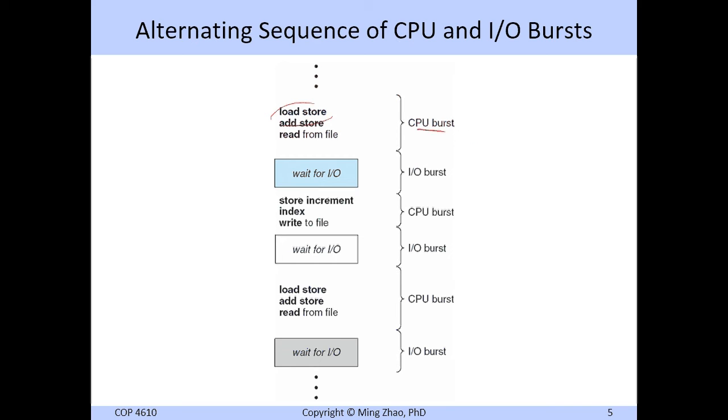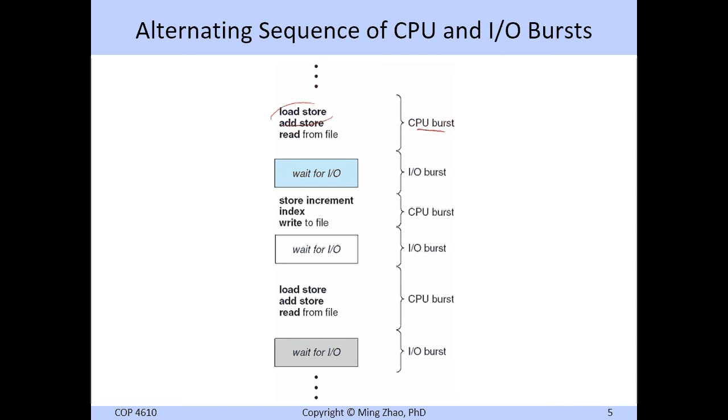We use load and store instructions for memory accesses, with the operator and operands coming from the program and loaded from memory. Then it does the computation using add, subtract, multiply or division. That's what the CPU burst is about: memory accesses and computations.